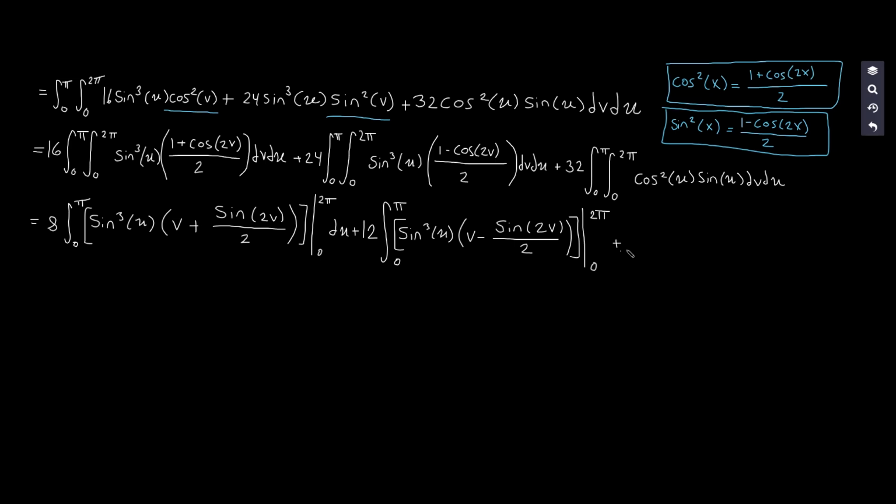As for this one, it's going to be plus 32 times the definite integral from 0 to pi of cosine squared of u times sine of u dv du. We're doing dv, so cosine squared of u just gets factored out. Sine of u is going to become negative, right? So if that's going to become negative, it's fair to say I could factor out a negative sign.